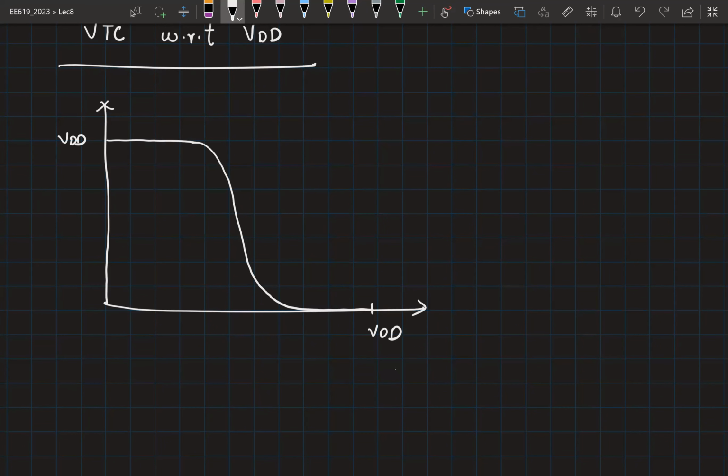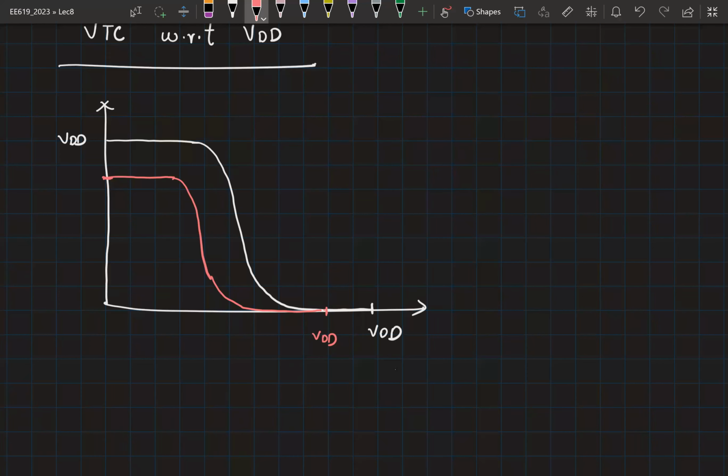Let's say we slowly reduce our VDD to a value smaller than that. How do you think the VTC curve will change? Let's assume all the threshold voltages, VDSAT, etc. are retained as they are. So it has to start from here, right? And it will end before the next VDD value. So the curve will look something like this.